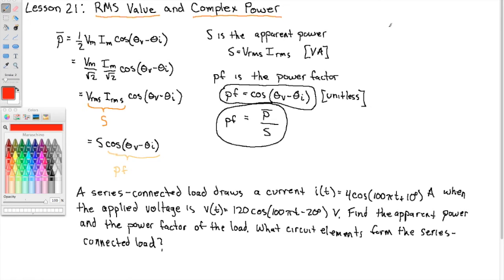Okay. So first of all, the apparent power, S, is V RMS times I RMS. My V has an amplitude of 120 volts, so the RMS value is 120 over the square root of 2 volts.